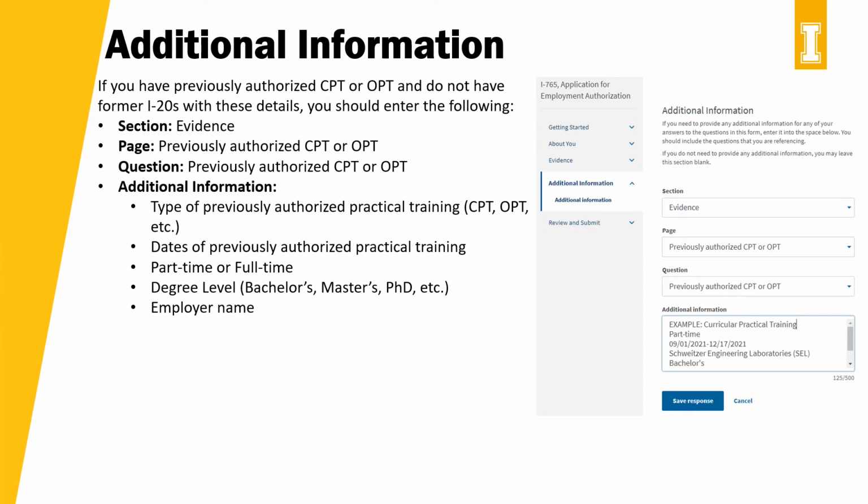Choose Previously Authorized CPT or OPT for the question, and for the additional information, provide the type of previously authorized practical training, the dates of previously authorized practical training, whether the training was part-time or full-time, the degree level, and your employer's name.